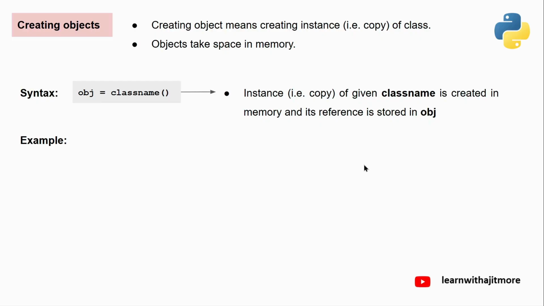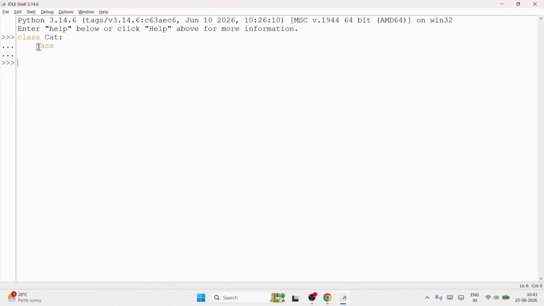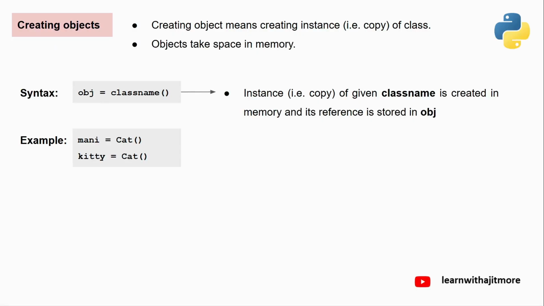Understanding? So for example, here you can see we have already created one class, Cat. I am creating one copy of it. money equal to Cat(), kitty equal to Cat(). What has happened? Two copies of one class. It means one blueprint is there, one design of cat is there. Now two copies of it are created.